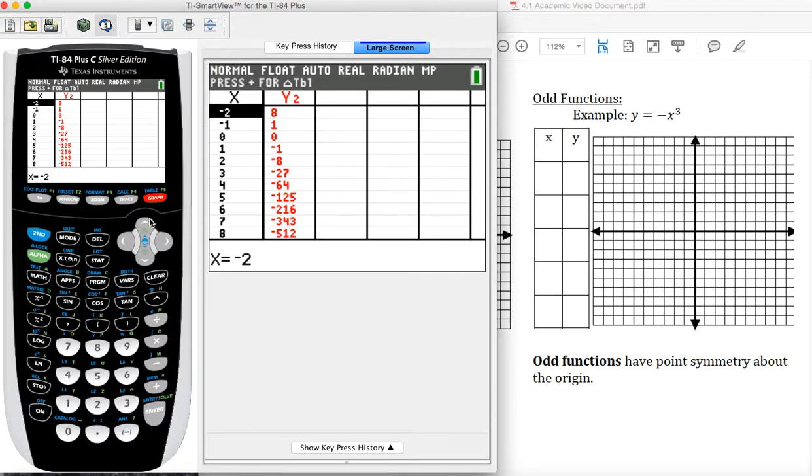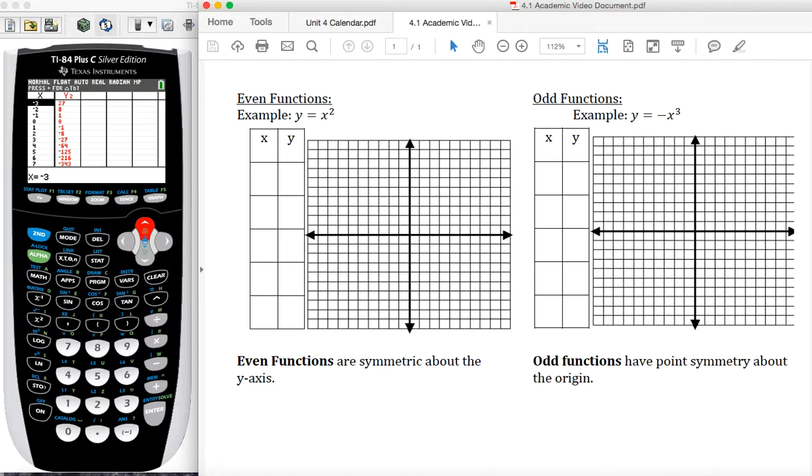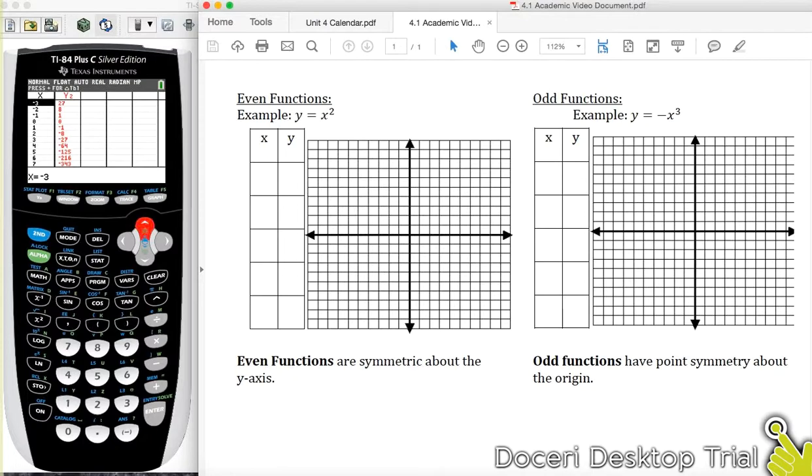Usually 3 points is enough, but because I have more than 3 that would fit into my table and graph, let's copy those. So let's go to our table and copy those points.